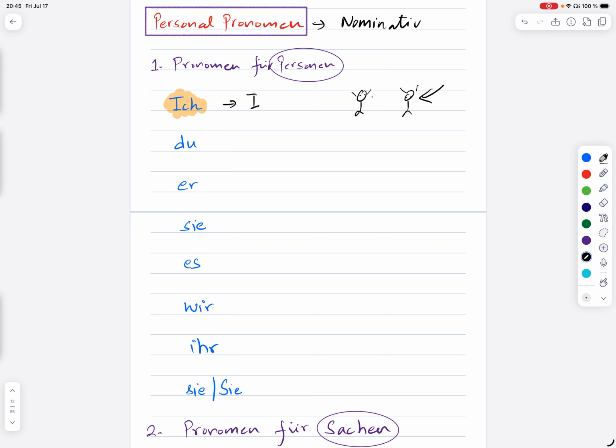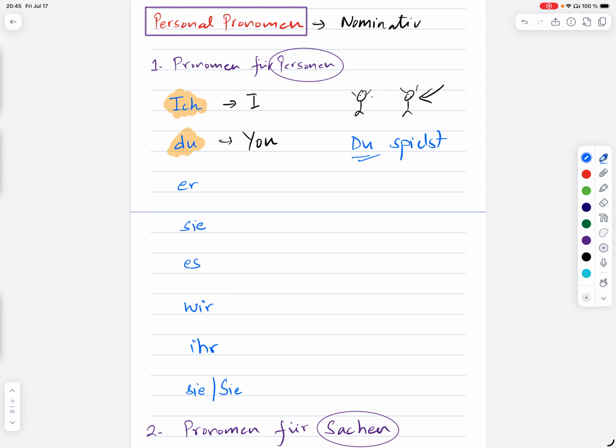For that one in German, you will say du, and the English equivalent will be you. So the sentence will be du spielst. So here du is the you equivalent.